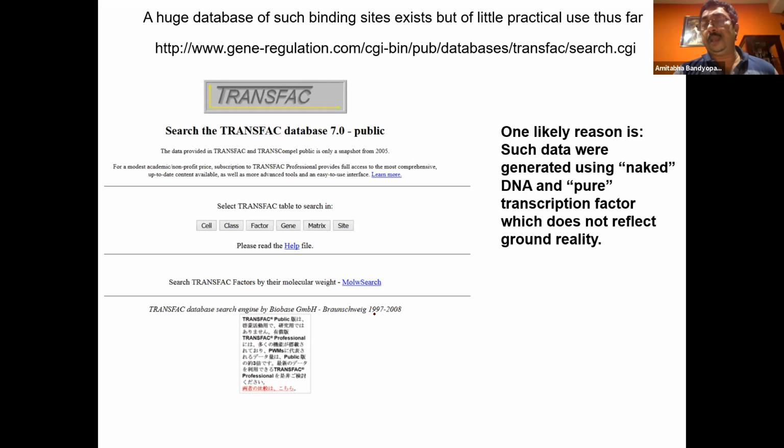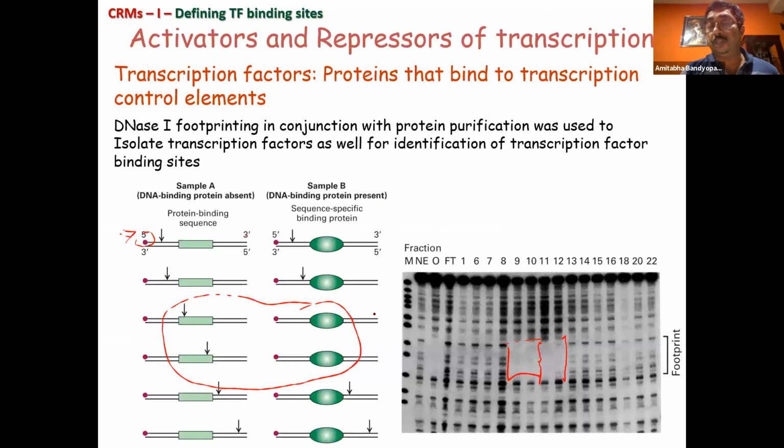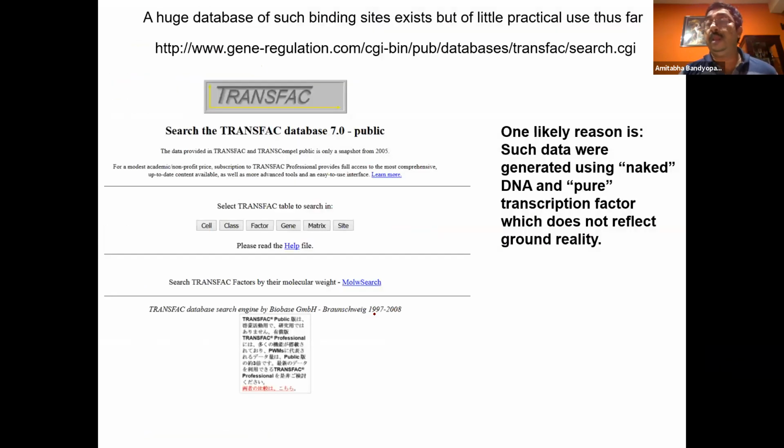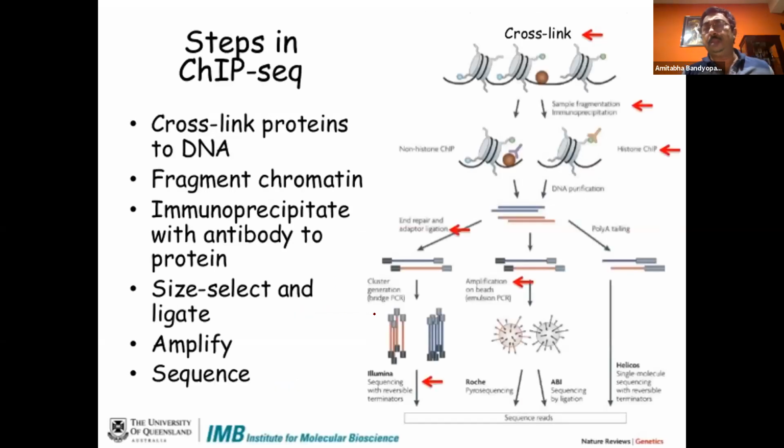And if that is the case, one likely reason why it may not work is that this entire data is generated using naked DNA, which is not the case in vivo, right? In vivo, DNA is in the context of nucleosome, so the specificity that you are assessing based on PWM may not actually be valid when you are trying to look in vivo. So that is a problem.